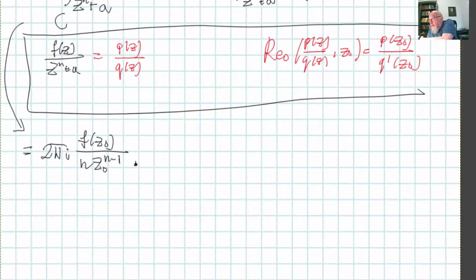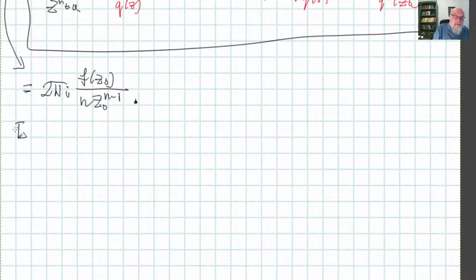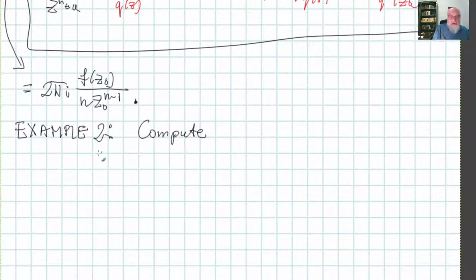So let me take another example, more similar to this one, so we can apply these ideas. Example number 2. Compute the integral over C, where my function is z e to the power z divided by z^6 minus 1.